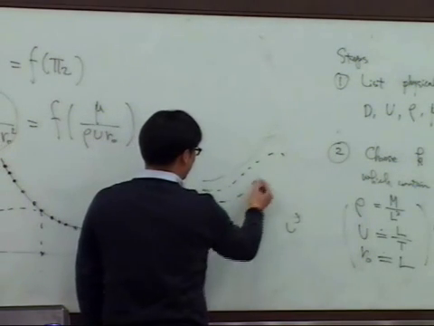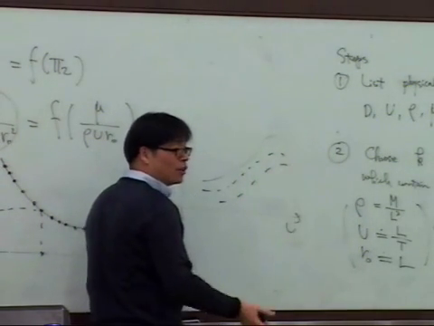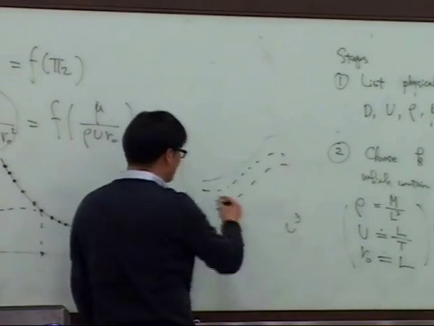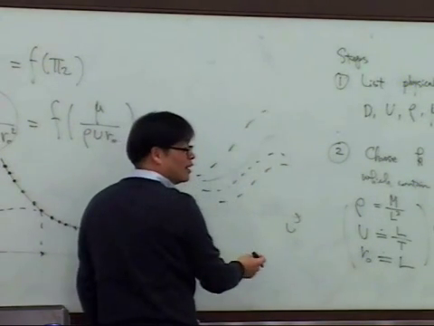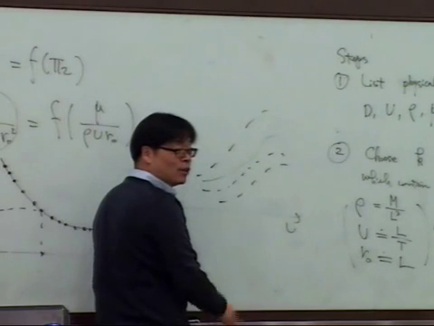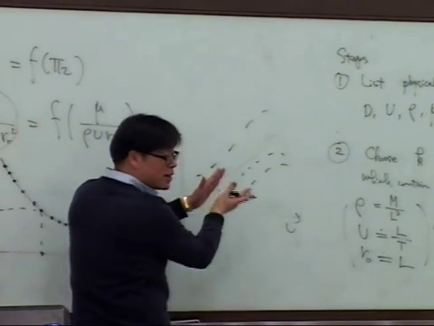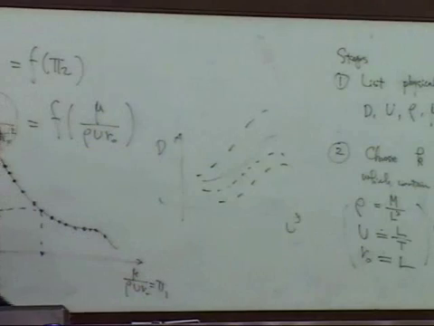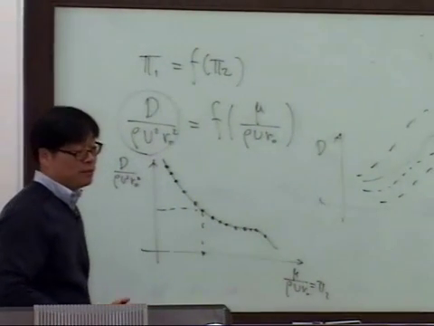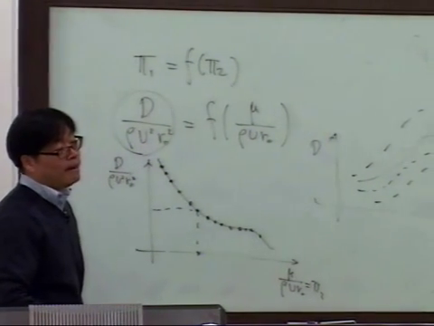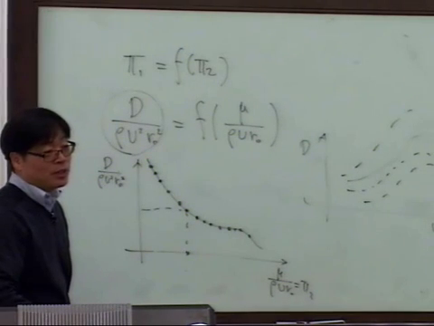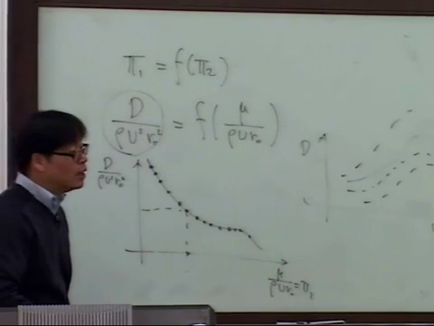If you change the radius again, you will get another curve, and so on. When you change the fluid, you will get another curve here. There are so many curves that you have to generate. You can collapse everything into one single curve by using this Buckingham's pi theorem. Okay? That's what dimensional analysis is about.